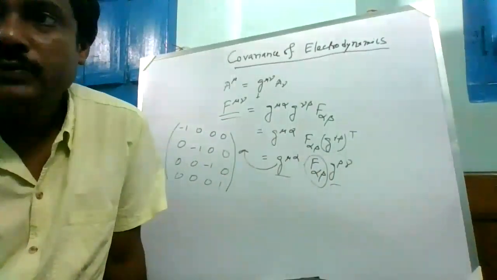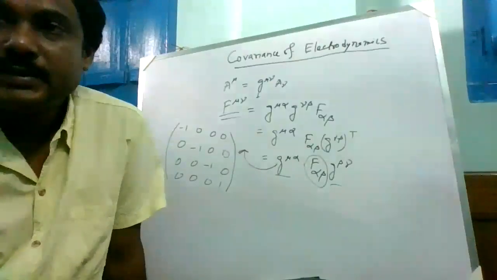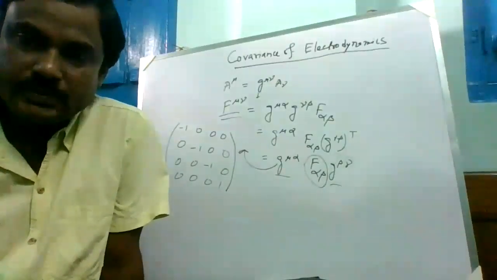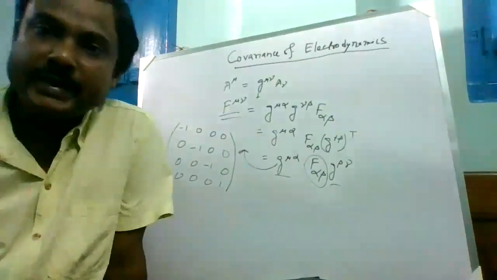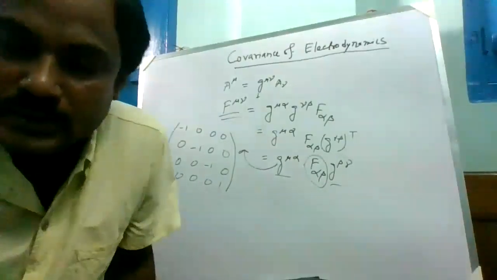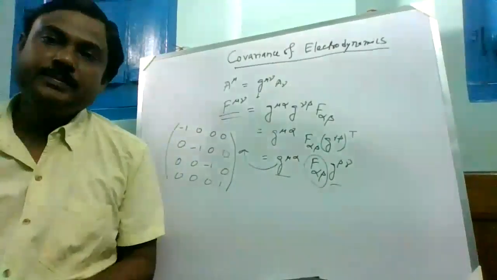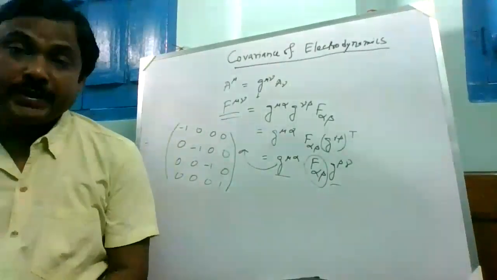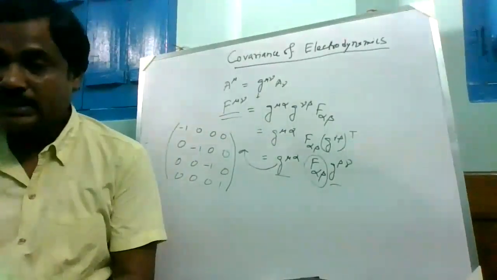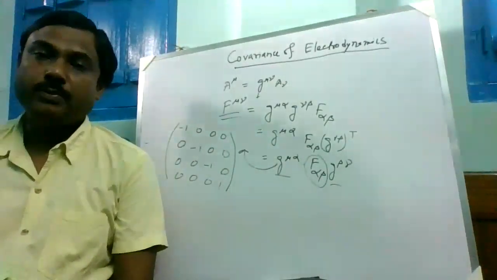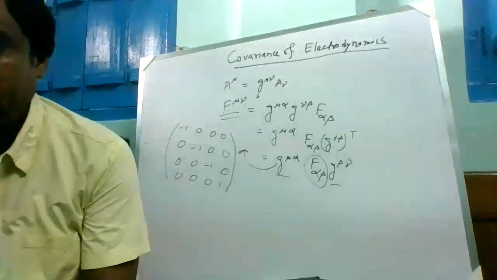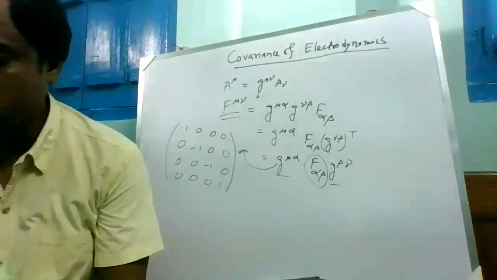So what we have learned here is that the electric field and magnetic field are on the same footing, in the sense that they are the components of a tensor of rank 2.